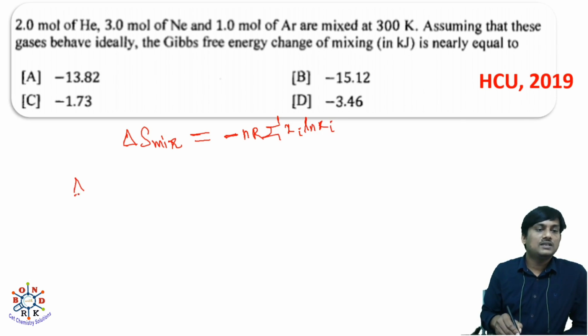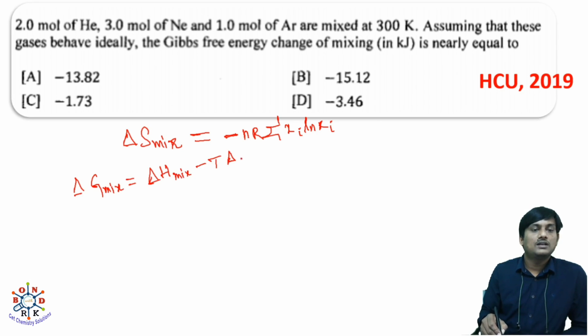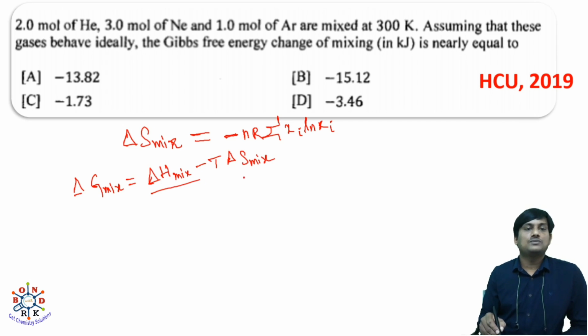Then delta G mix, what is the equation? Delta G mix is equal to delta H mix minus T delta S mix. Here delta H mix is 0, since it's an ideal gas.